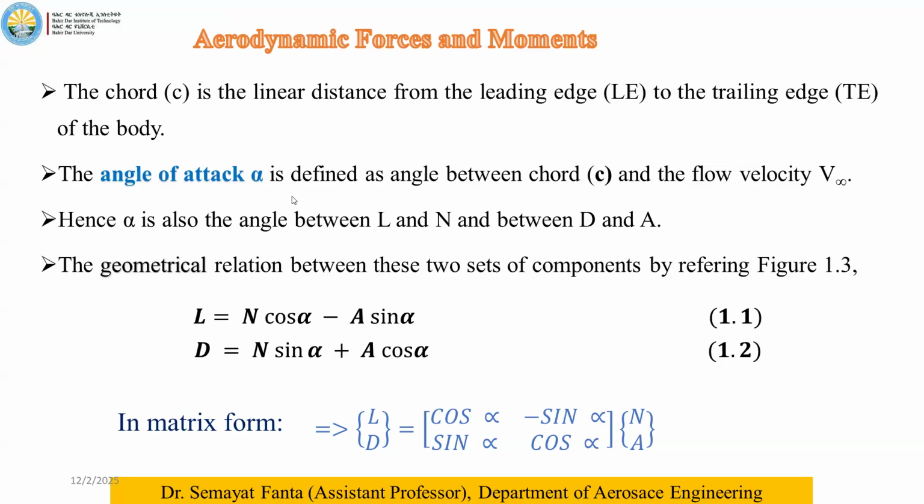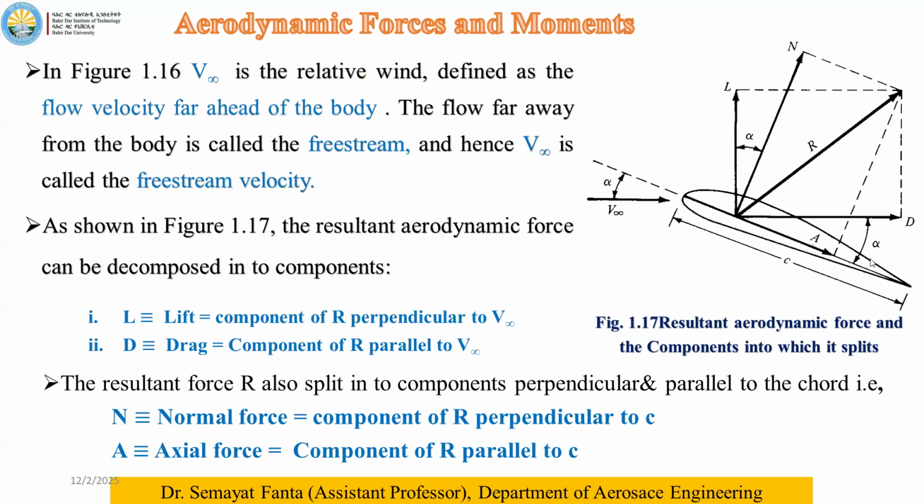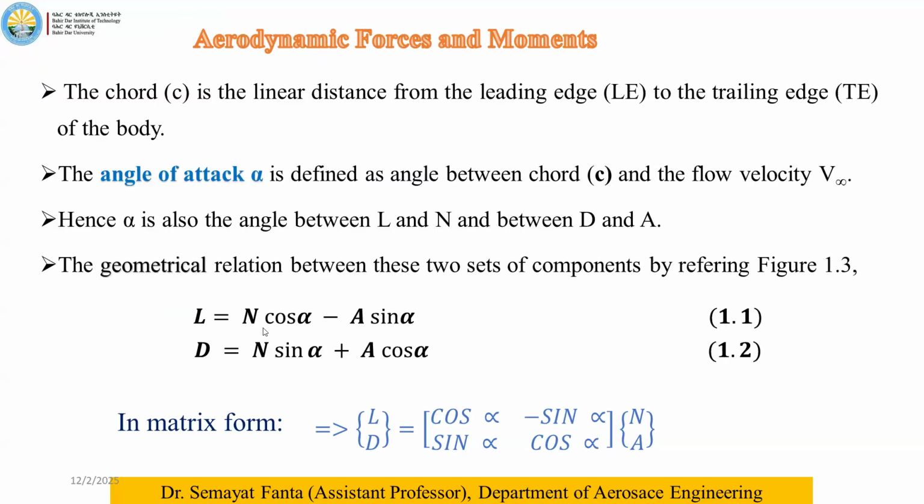This is the chord line extension, and this is the flow velocity direction. The chord line is the line which joins the leading edge of the airfoil to the trailing edge of the airfoil. So that is what we call alpha. So lift is equal to N cos alpha minus A sin alpha.